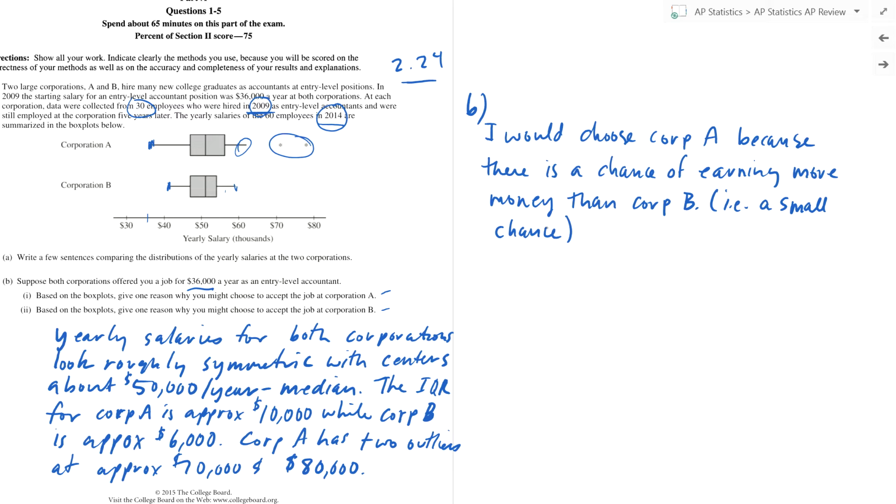But it's there altogether. And why is that? Because of the high outliers.